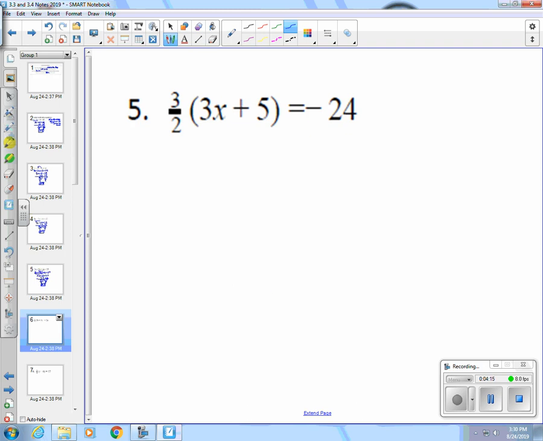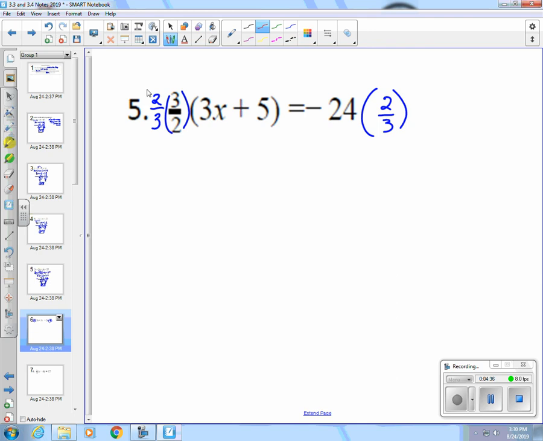When you have a problem that has a fraction outside the parentheses, technically you could distribute that, but then you're going to deal with a whole bunch of other fractions. So let's go ahead and multiply by the reciprocal on both sides of the equation.